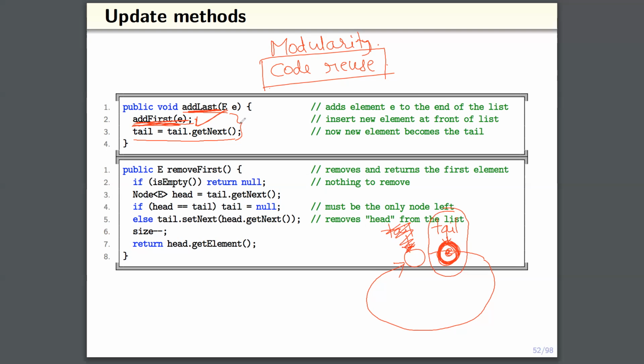You don't need to write all the statements from scratch. You could have done that, creating a node and changing all the links, but that is unnecessary. You can reuse the code. So we are calling add first and then one more line. Sometimes it is okay even if it adds one more instruction, because you are getting code reuse. Why?